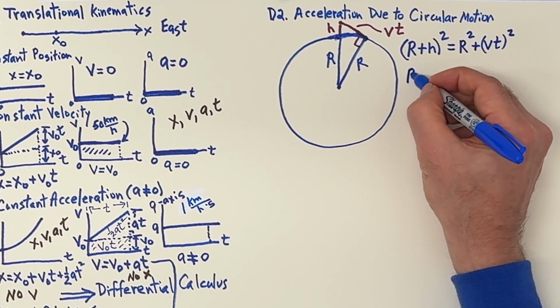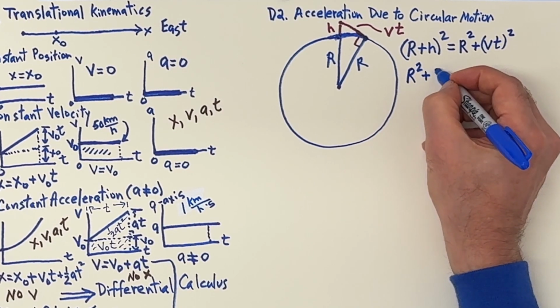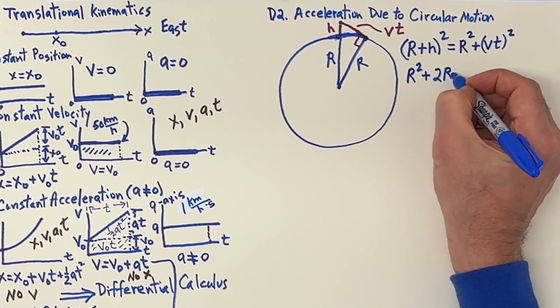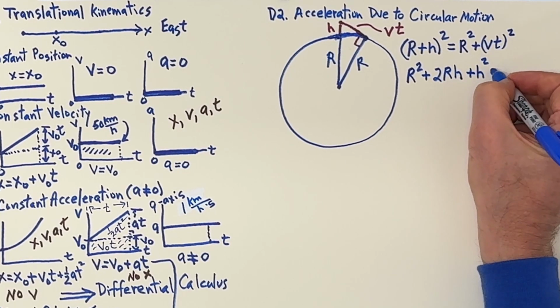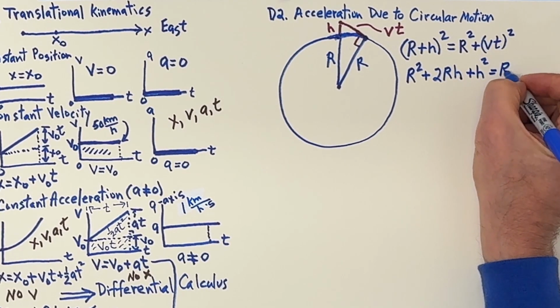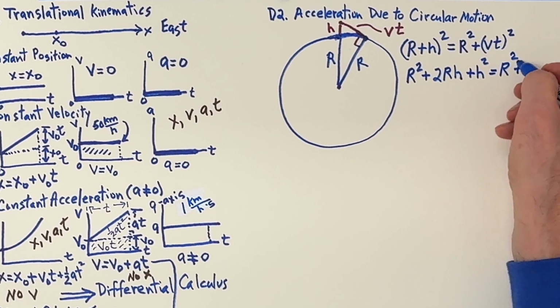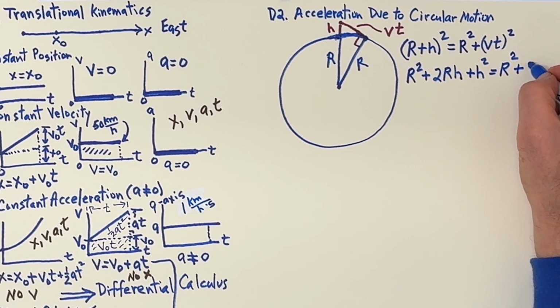Now I'm going to work this out. R squared plus 2RH plus H squared is equal to R squared plus VT squared. And I'll just leave the VT squared like that for now.